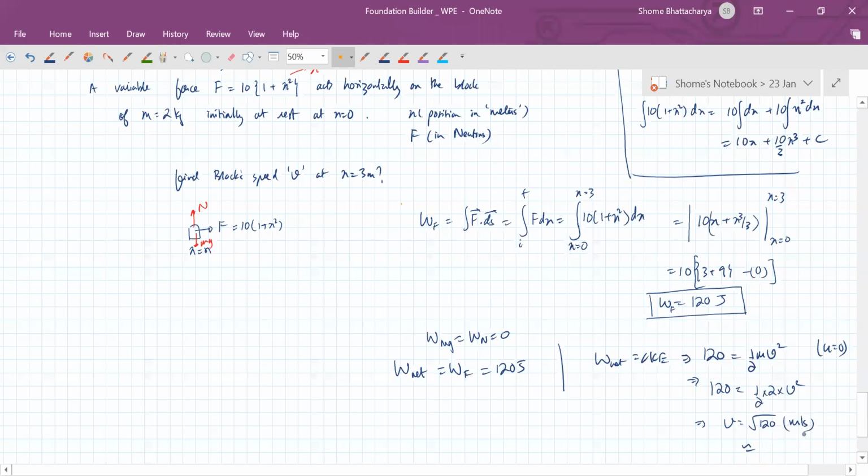So that will become approximately 10.95 meters per second.